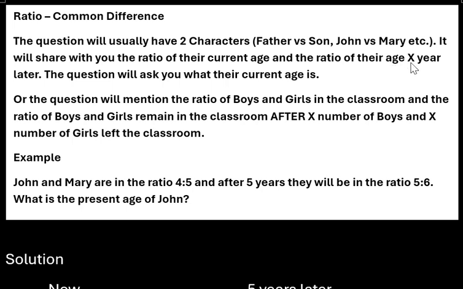If the father's age is increased by X years, the son's age also increases by X years. So this is the trick to identify this type of question.